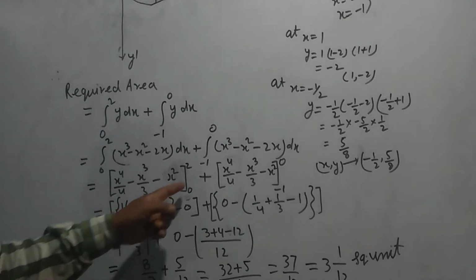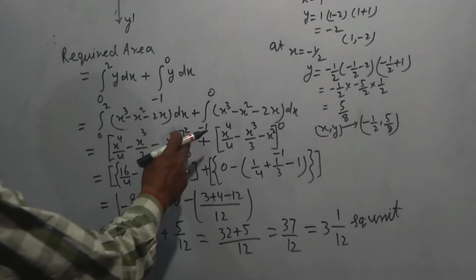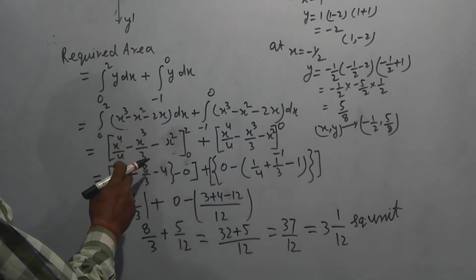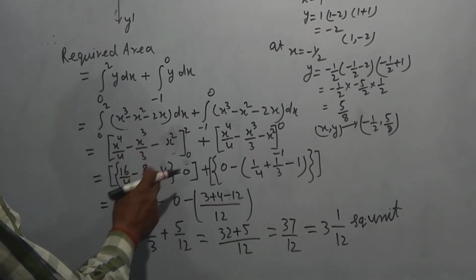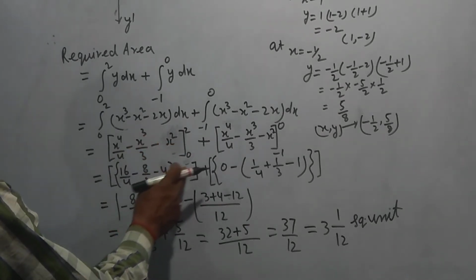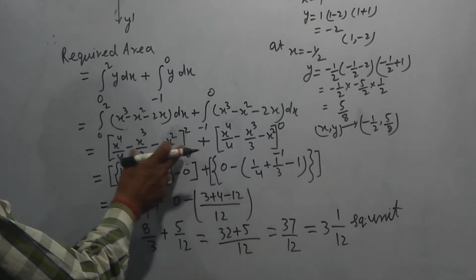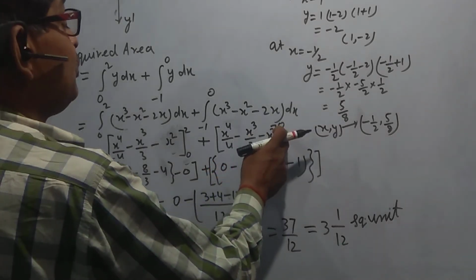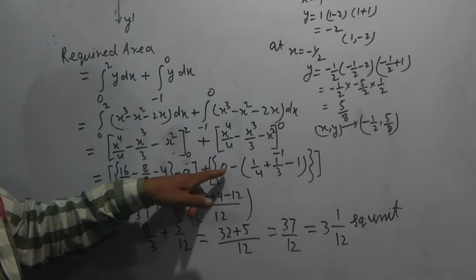Now putting x equal to 2 in this case, 2 to the power 4 is 16, 16 by 4, and 2 cubed is 8 by 3, and minus x square is 2 to the power 2. Putting x equal to 0, all parts are 0 here.